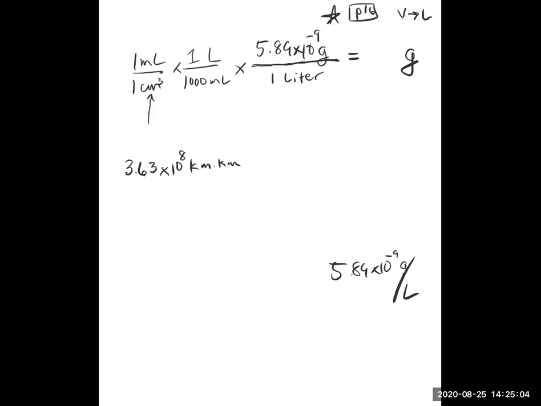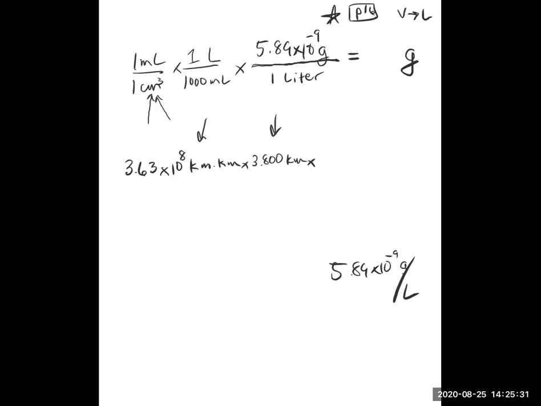But don't forget, we need to get to centimeters. We've also got the depth is 3,800 meters, but that's really 3.800 kilometers, right? So there's the area, there's the depth.